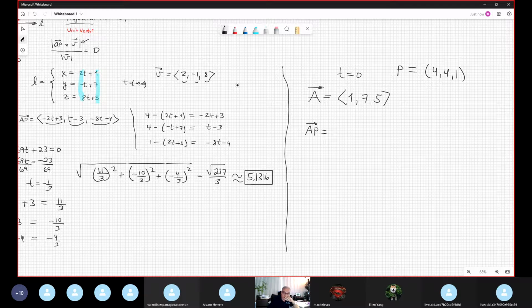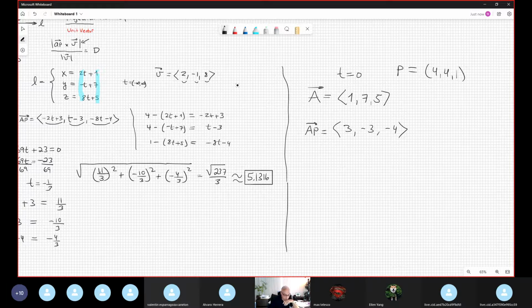So to find the vector between the two points A and P, you subtract: 4 minus 1 is 3, 4 minus 7 is -3, and 1 minus 5 is -4. I know that in this position, AP is not the shortest distance.